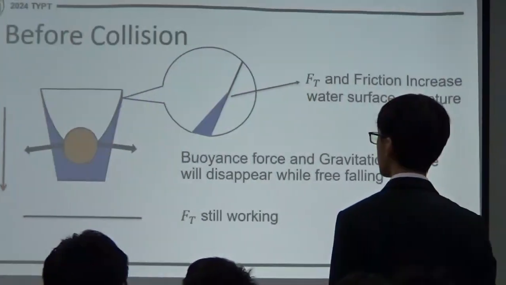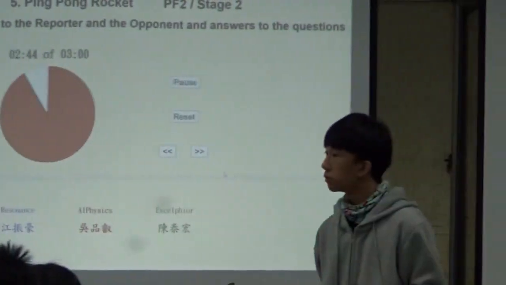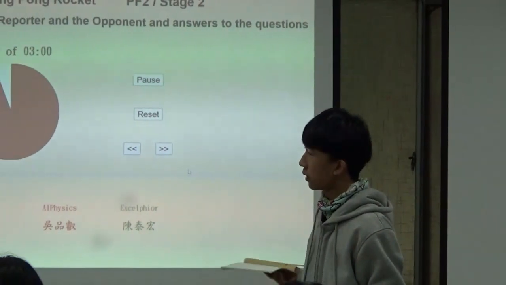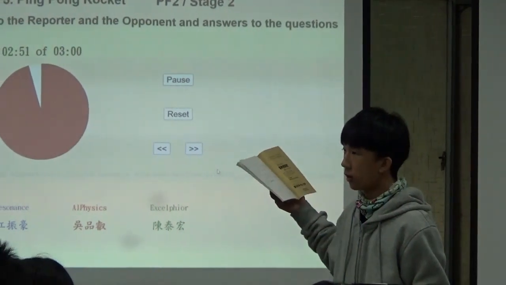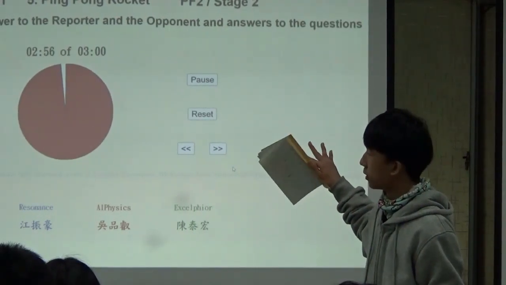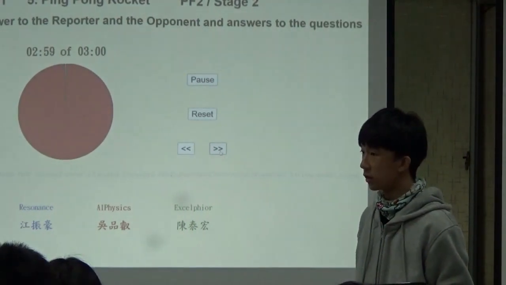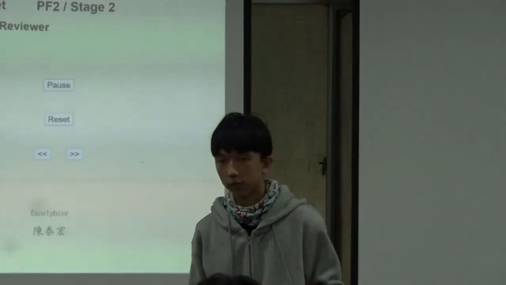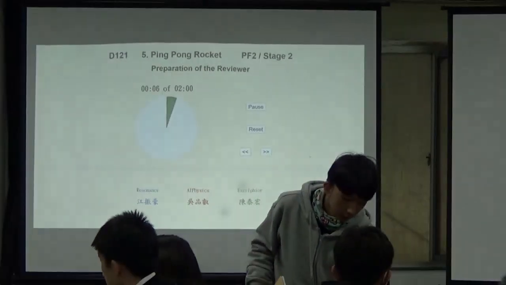The shape and the material will transfer more energy to the water. And I think if you use a different kind of cup, the energy of the ball might be different, so it will affect. Okay, time's up. Declaration of the reviewer.